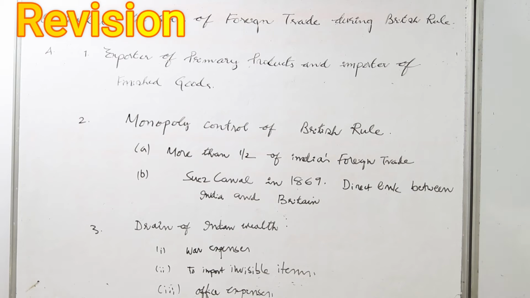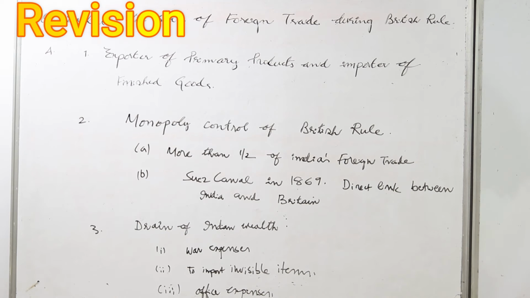And the third point, the opening of the Suez Canal in 1869 served as a direct route for the ships operating between India and Britain. That really helped to have a lot of trade with Britain.